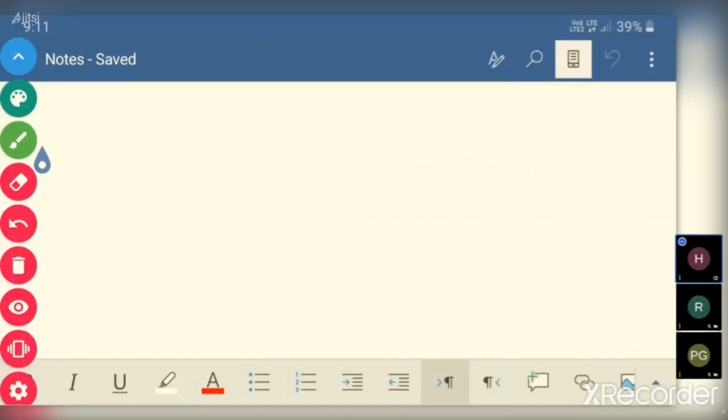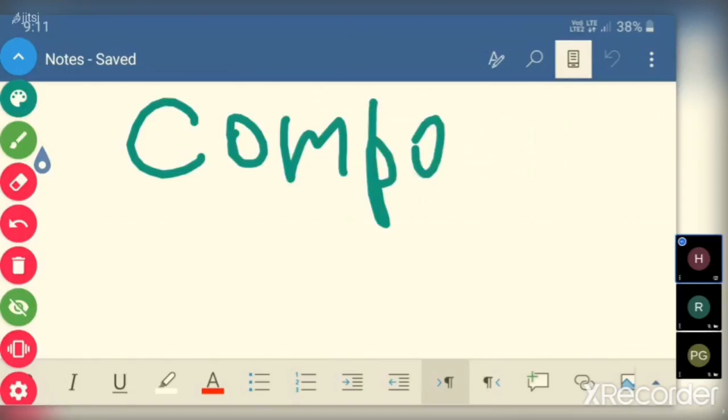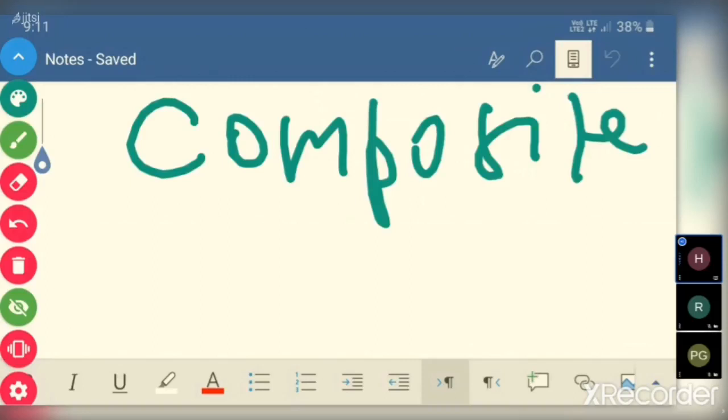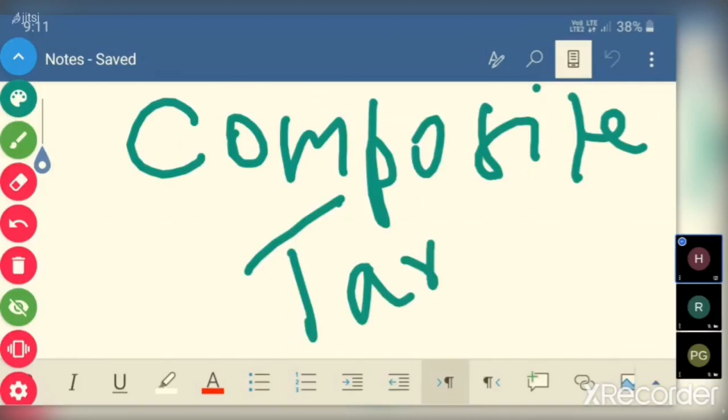Composite tax. Composite taxation scheme. Now in GST, there are two methods we can follow. What are they?